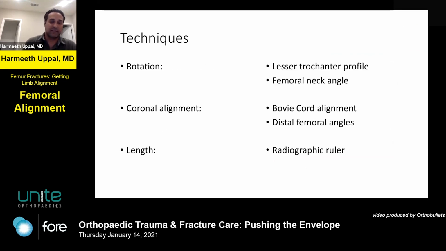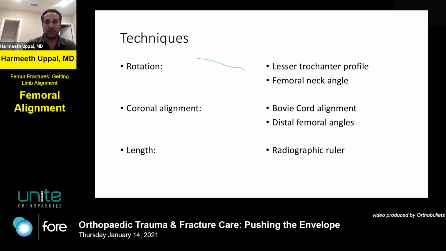And so there are different techniques, right, in order to get this. We always ask, okay, so what are some ways of assessing rotation? You can look at the lesser trochanteric profile and compare it to the other side, and the femoral neck angle. This is basically taking an AP, and then taking a lateral of the distal femur, coming up and looking at the neck, taking a lateral and staying lateral and looking at the anteversion on that. Your coronal alignment, right? You can do it intraoperatively.